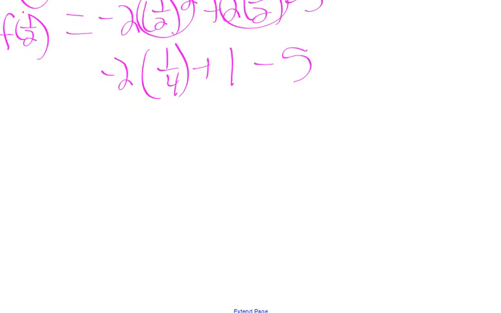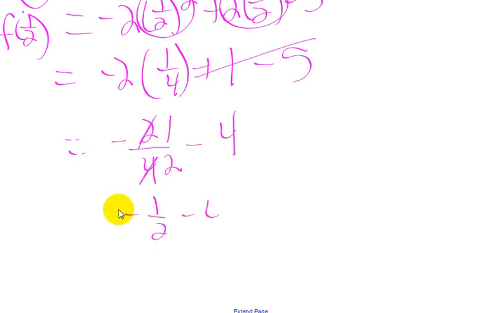Now I'm going to multiply -2 times 1/4. That becomes -2 over 4. And then -5 plus 1 is just -4. This simplifies to 1/2. So I have -1/2 minus 4, which is equal to -4.5.